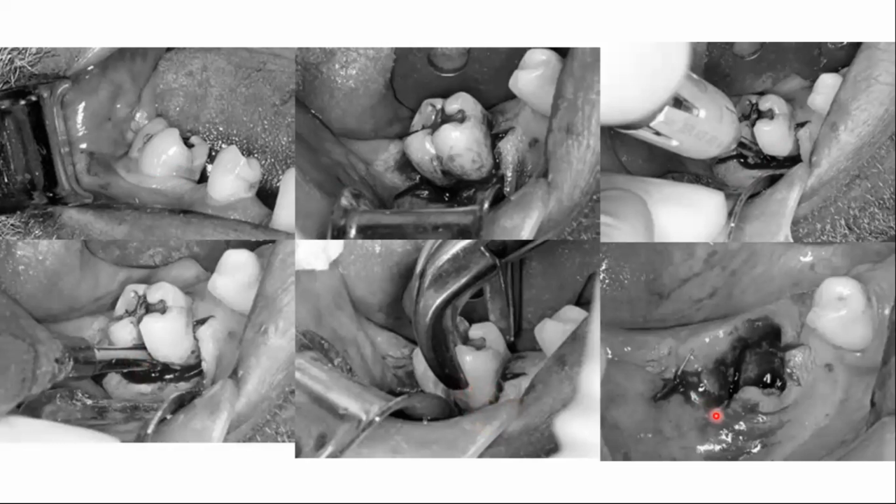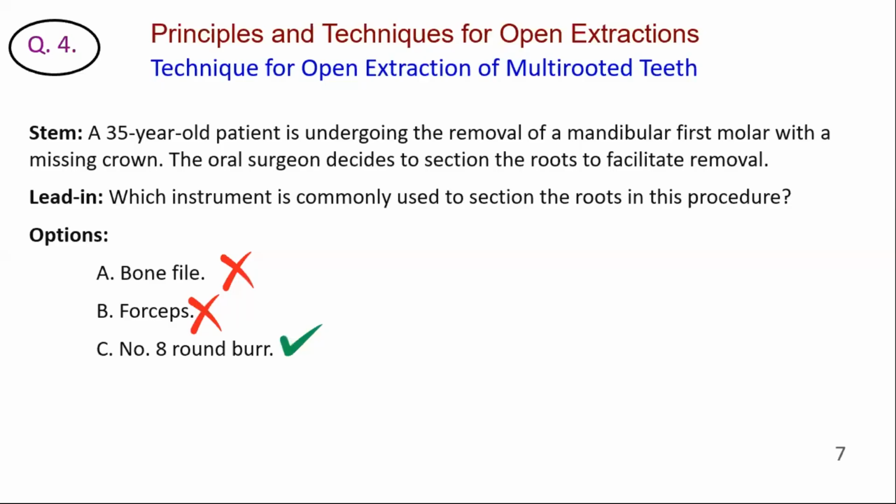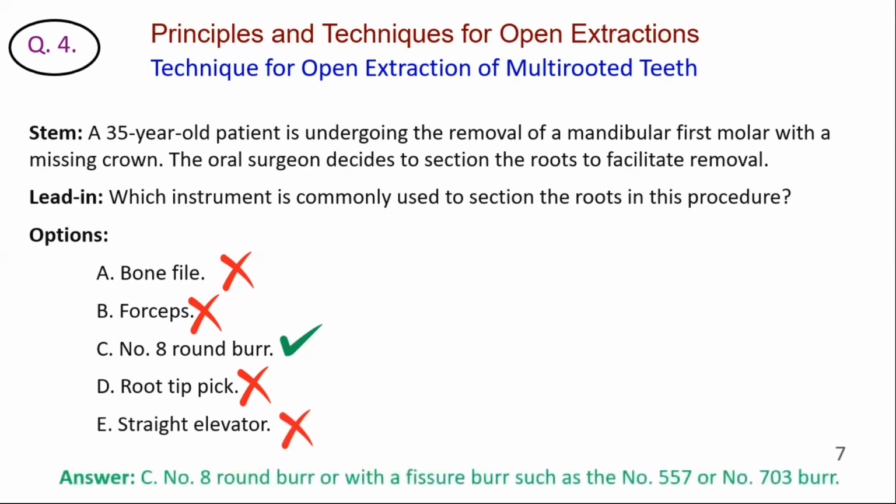The completed procedure you can see here with a chromic suture closing the distal releasing incision. Used for delicate removal of root tips, not sectioning. Used for luxating and mobilizing roots, not for sectioning. So the correct answer is C.